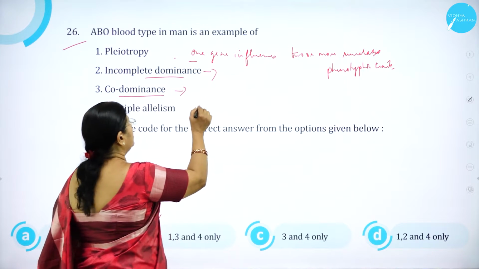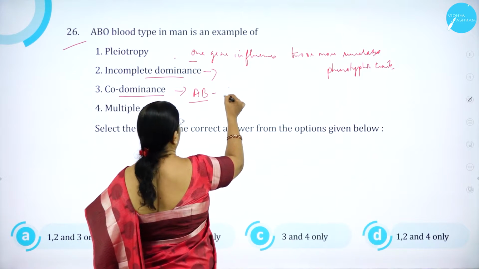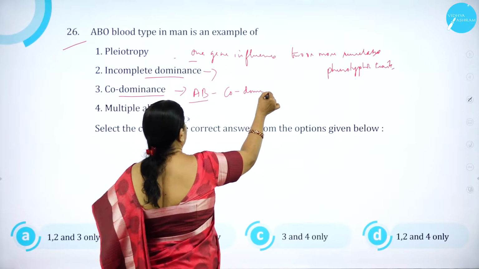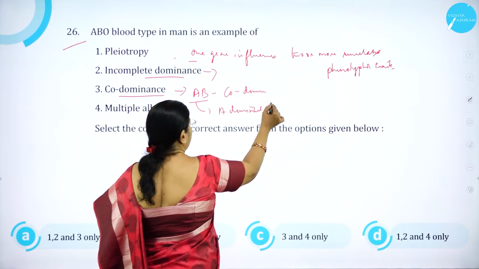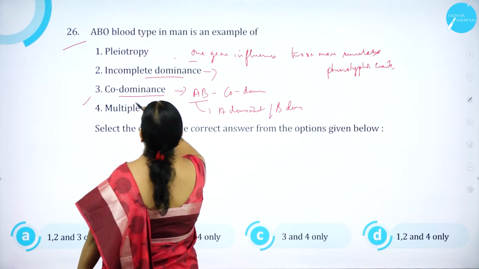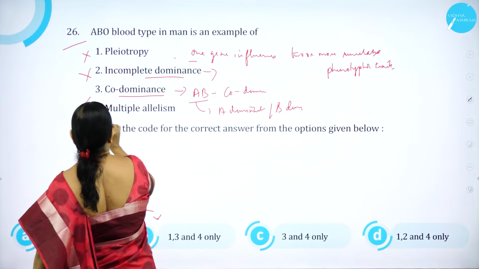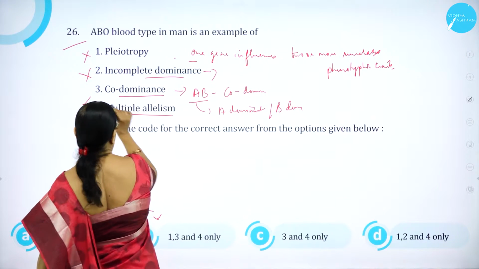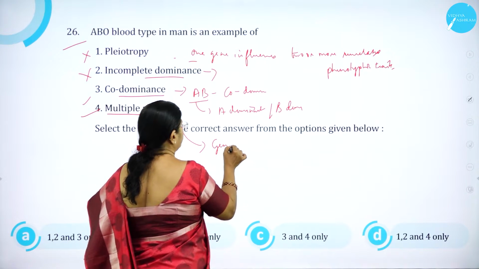Codominance, of course, AB blood group can be called an example for codominance. Both A is dominant and B also is dominant. Correct. ABO blood type in man is an example of not pleiotropy, not incomplete dominance. Multiple allelism. Correct. Multiple allelism is genes occurring in more than one form.